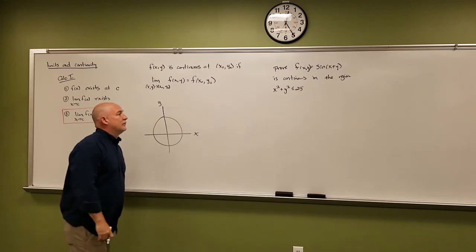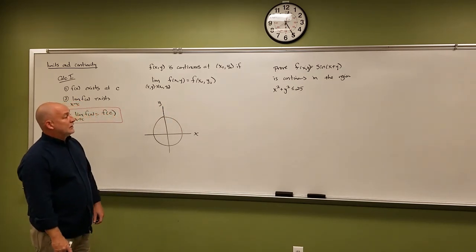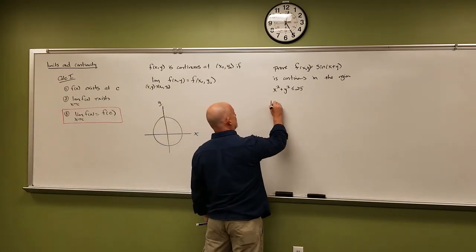Okay, so we have some function of x and y here, and it's just sine x plus y. Show that it's continuous in the region x squared plus y squared equals 25. So here's the way you would do it.